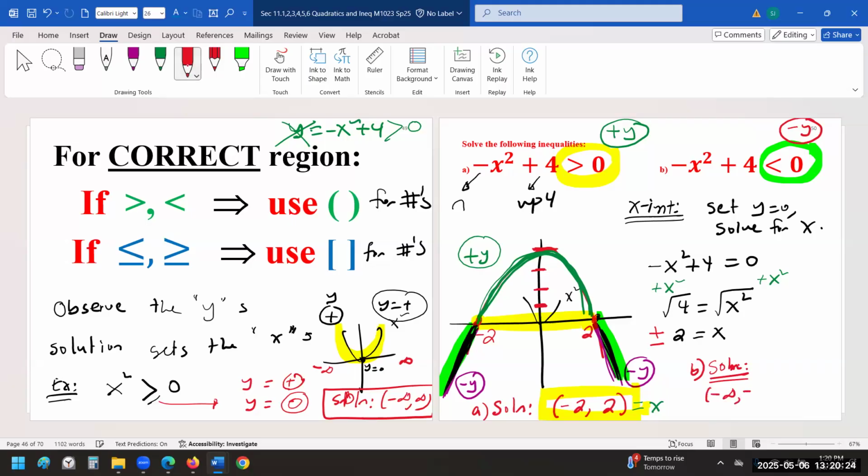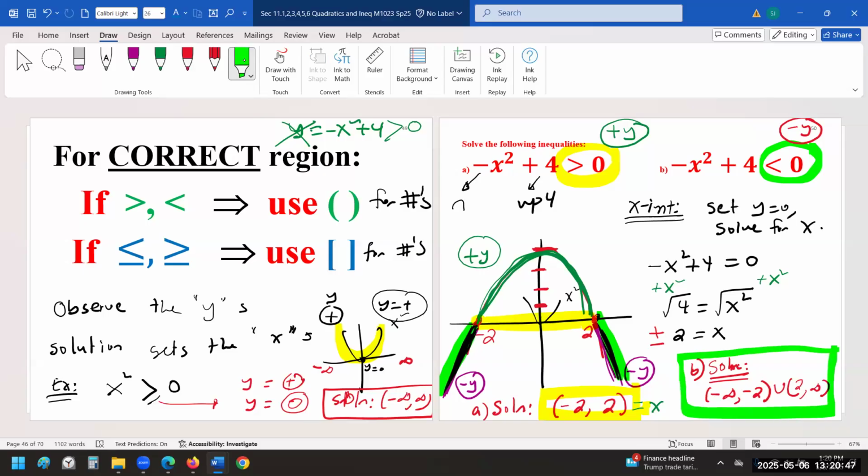Negative infinity to -2. Parentheses, because we don't have the equal sign, and then we have these y's, so positive 2 to infinity. That's it.